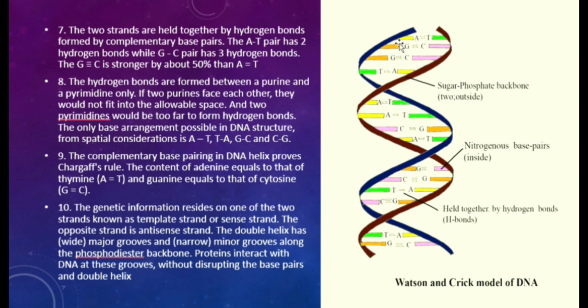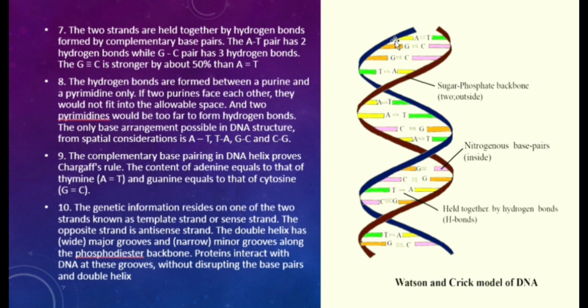So automatically the G-C pair is stronger by 50% than A-T. The hydrogen bonds are formed between a purine and a pyrimidine only. No purine can bind with a purine, nor a pyrimidine with a pyrimidine. So the arrangements can be A to T, T to A, G to C or C to G. So the complementary base pairing in the DNA helix proves Chargaff's rule.